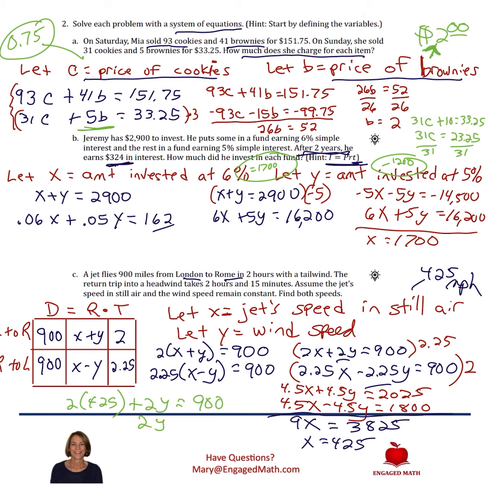That's going to give us 850. So we have 2y equals 900 minus 850 gives us 50, and y equals 25. So the speed of the wind is 25 miles per hour. And that is all we need to know. So we're done.